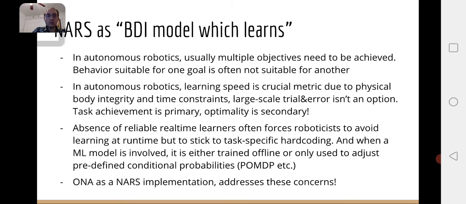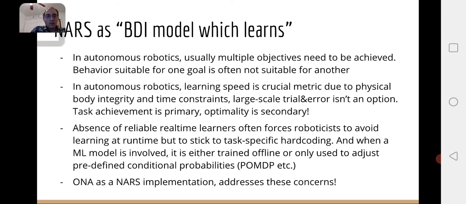So it's crucial for it to adapt quickly. We can really say in this case that task achievement is primary and optimality is secondary.